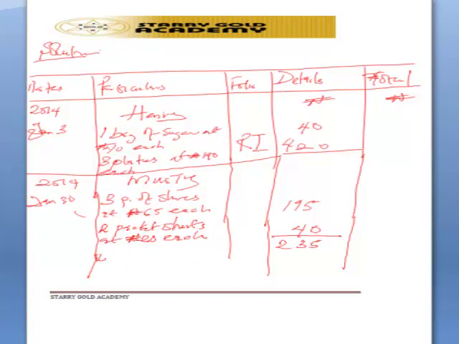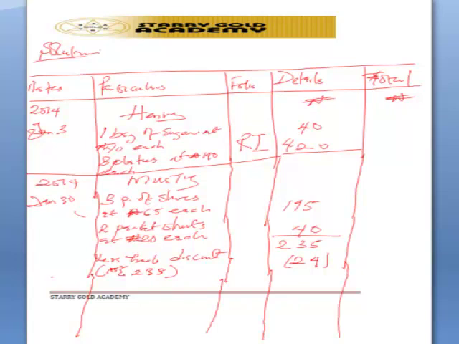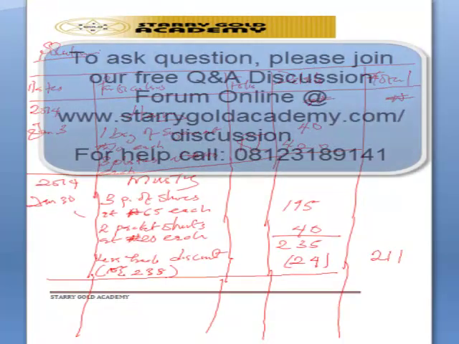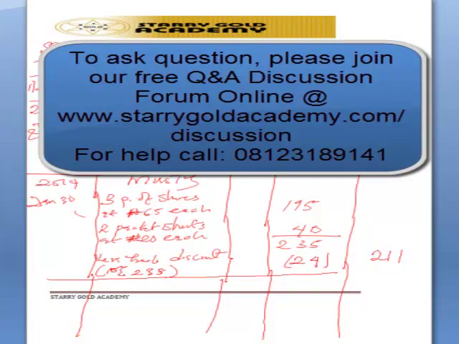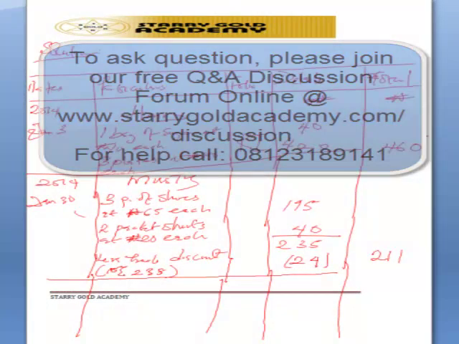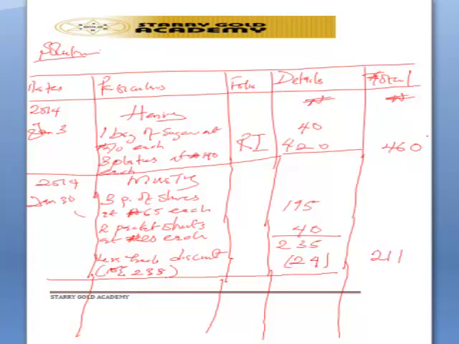So less trade discount of 10%. That is approximately 24. When this is being deducted, we are going to have 211. The total of this, I have to pick, that is 460 plus 211.